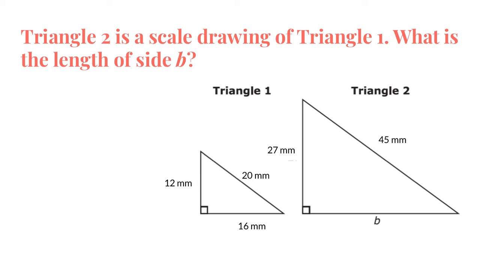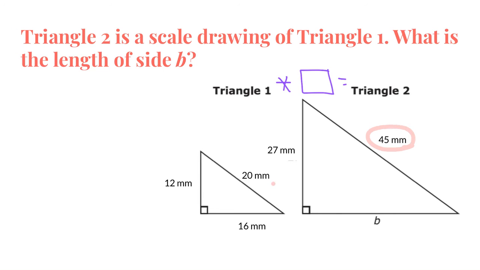When we have a scale drawing, something is being multiplied by something, and we need to find out what that multiplier is. Triangle 1, all the measurements are being multiplied by some number to get the measurements on triangle 2. That's what scale is. So we actually need to divide the sides that match.